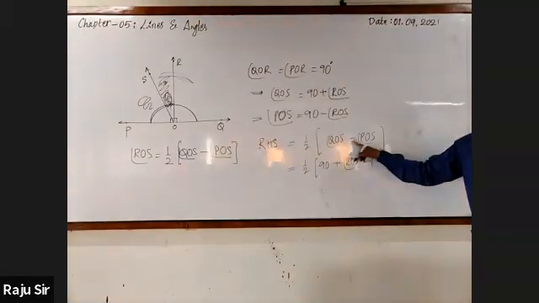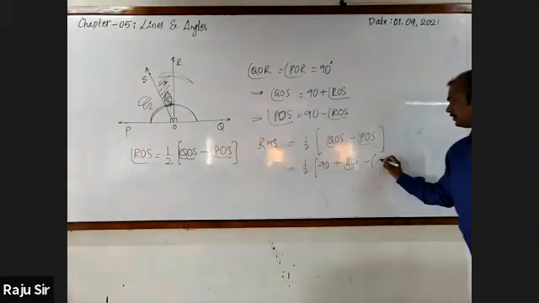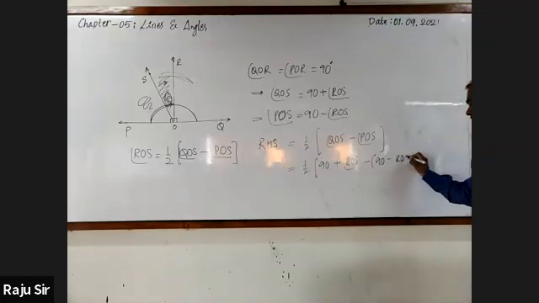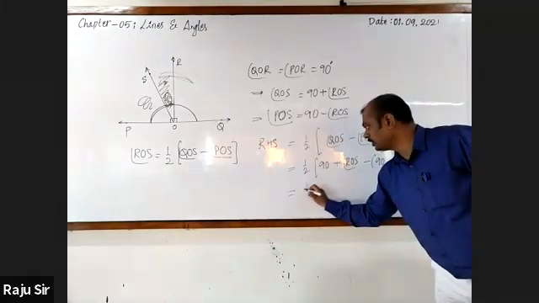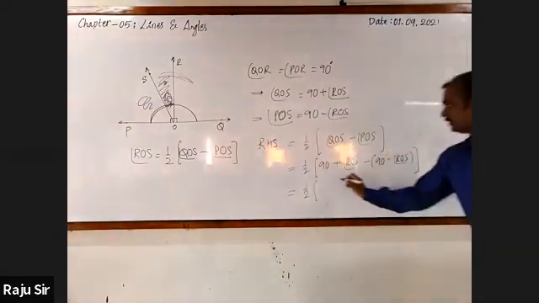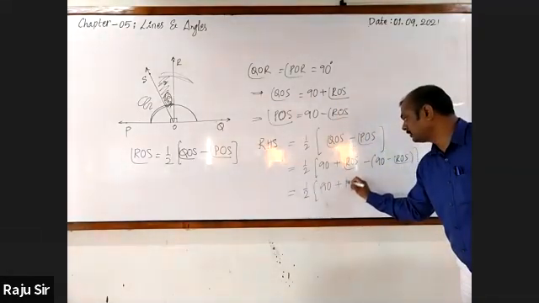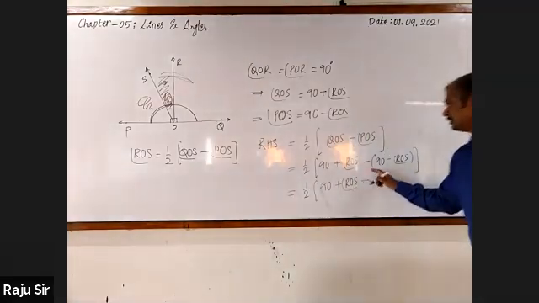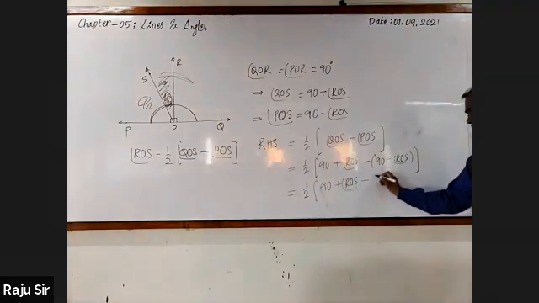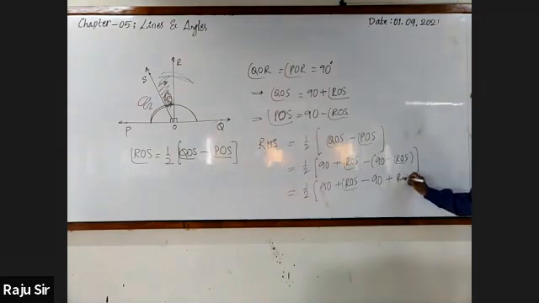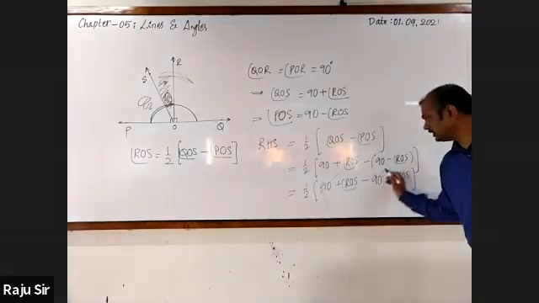Minus of, what is POS? 90 minus ROS. It is equal to half into 90 plus ROS multiplied by minus, minus 90, then minus into minus plus ROS, plus 90 minus 90.